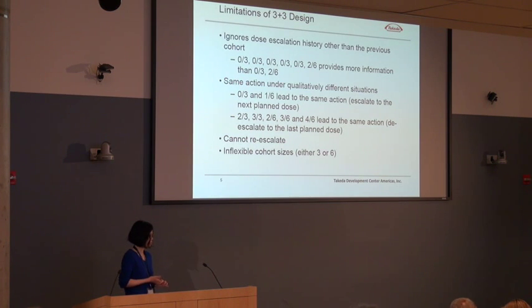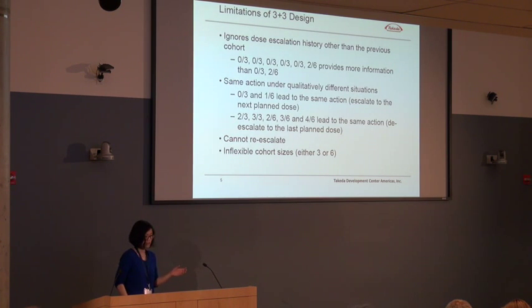Also with 3+3, a big drawback is that once you go down, you cannot re-escalate. But with later model-based designs, if you go down but later observe good data, you will be able to re-escalate. Also, since 3+3 is deterministic, you don't have flexibility on the cohort sizes.